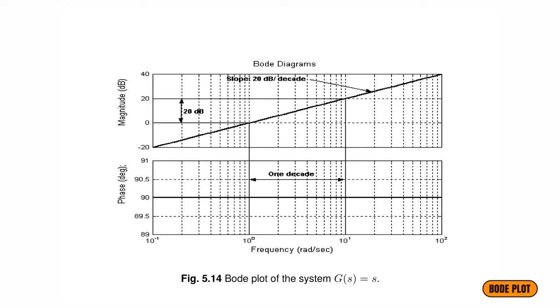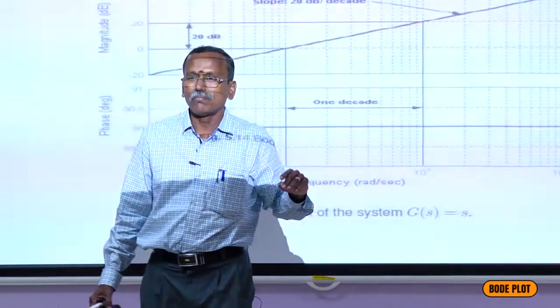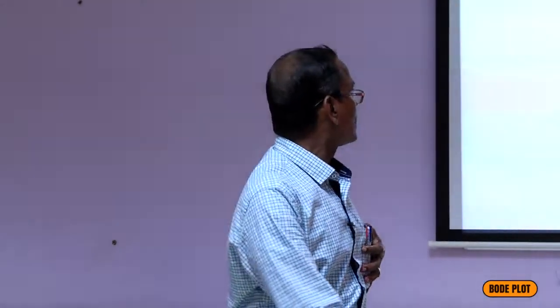When omega equal to 0.1, it is minus 20 dB. When omega equal to 10, it is passing through plus 20 dB. So, it is increasing at the rate of 20 dB per decade. That's the Bode plot for s.